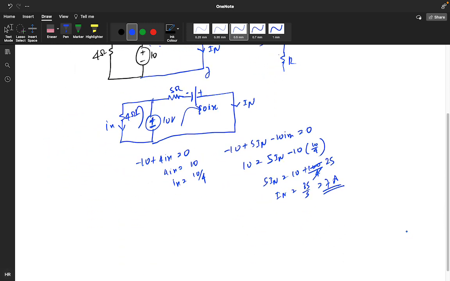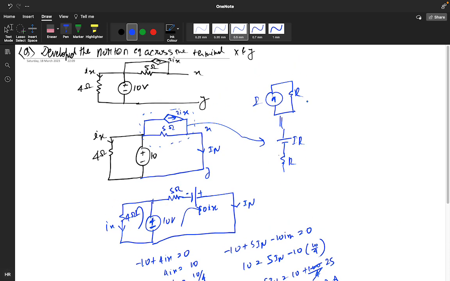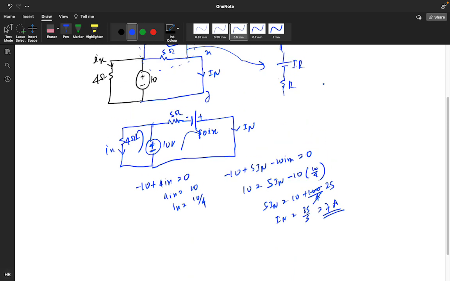Now for finding the R equivalent, since we have a dependent source, we have to do the same thing we have done for Thevenin's equivalent. So we got the IN value.